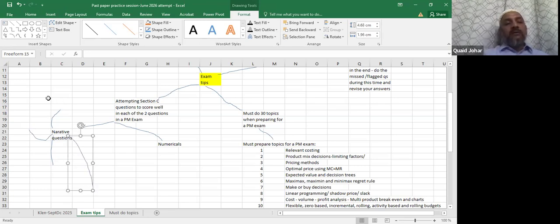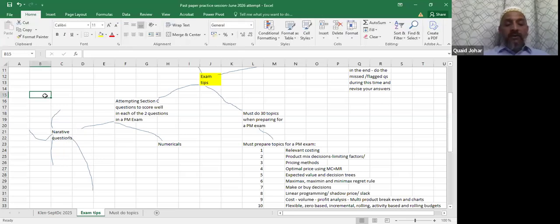Okay, let's talk about the narratives. The first tip is when you are writing an answer to a narrative question, suppose they've asked you to analyze a situation. They've asked you to give reasons for a variance. They've asked you to assess the financial performance or non-financial performance of a hospital, of a suppose bakery, right?